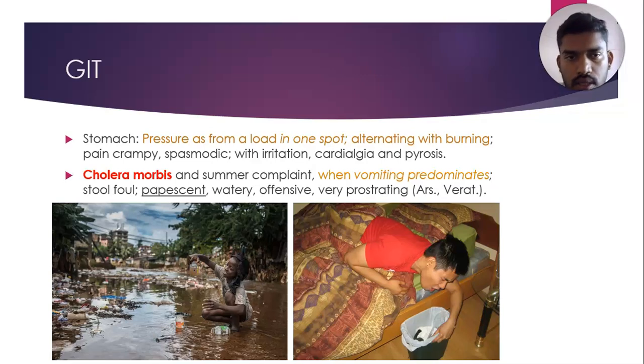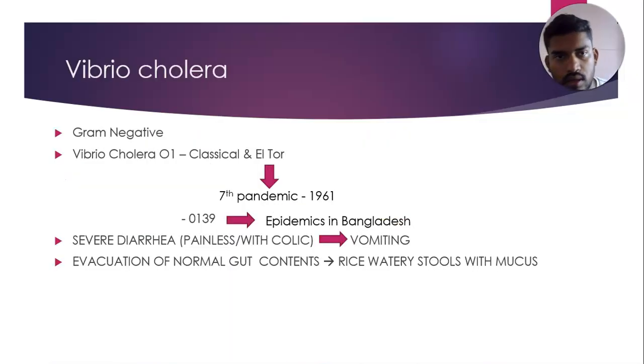So we'll go to that. What I want you to remember was cholera morbus. It is in the summer complaint when vomiting is predominant, and the stool is described as pappescent, watery, offensive, and very prostrating. Vibrio cholerae is a gram-negative bacteria.